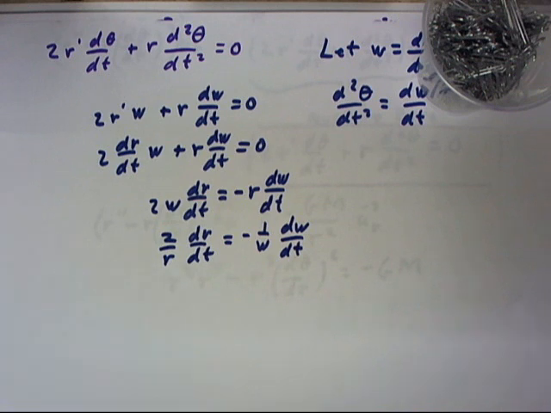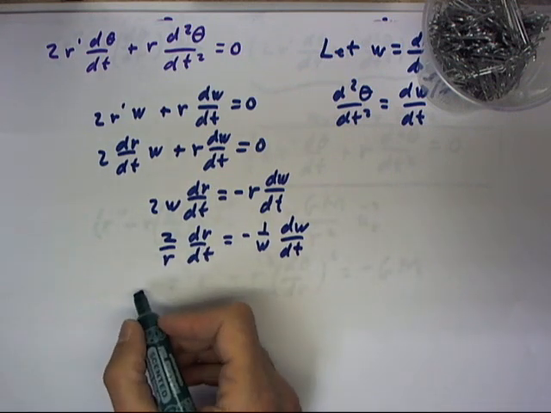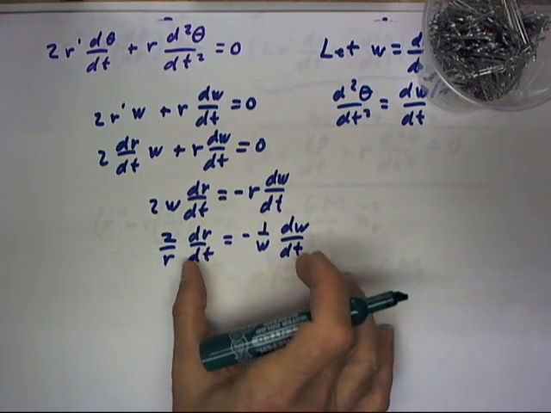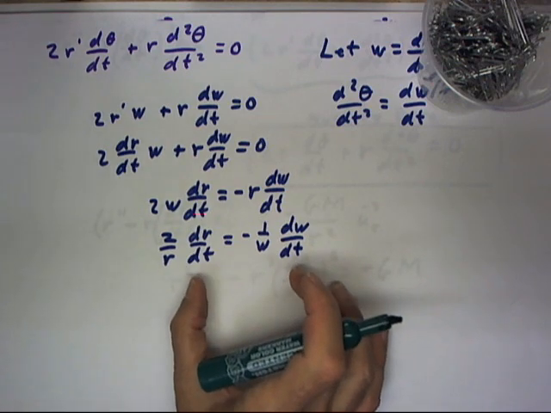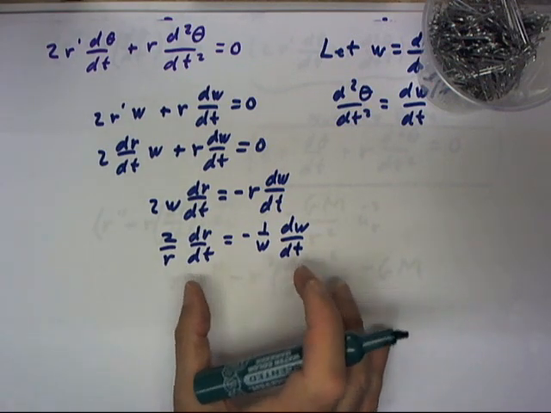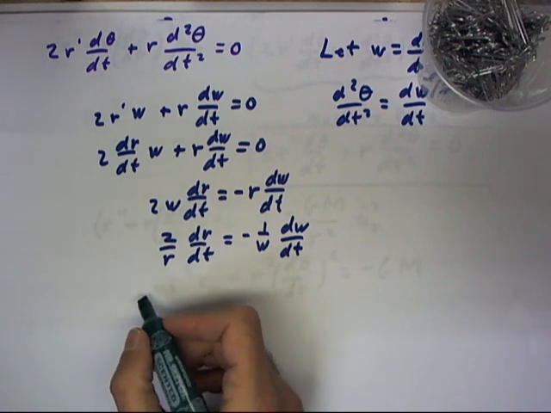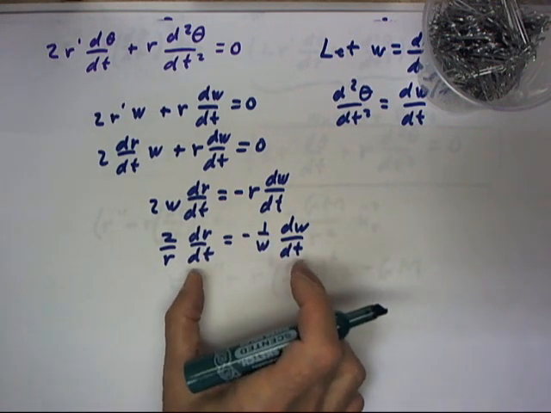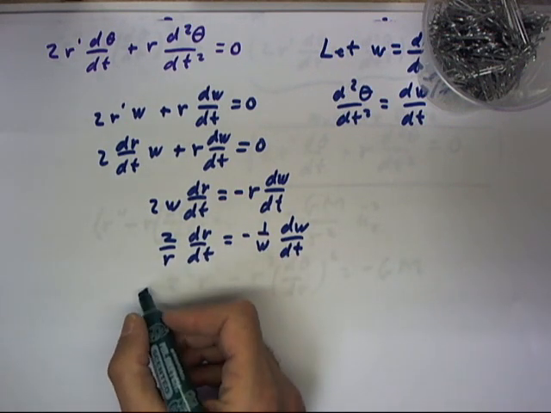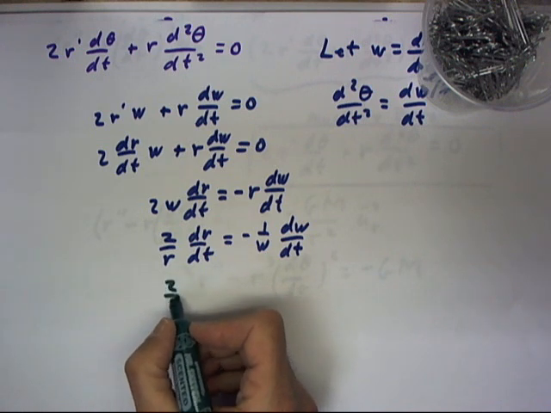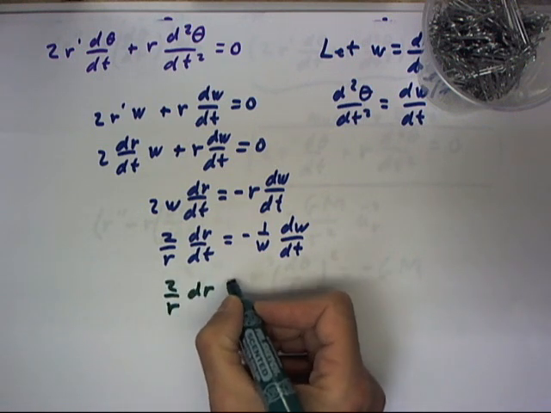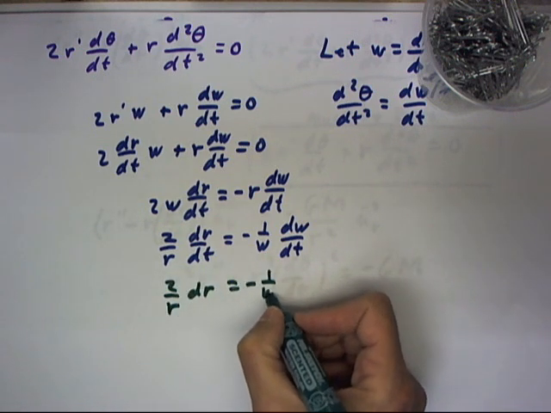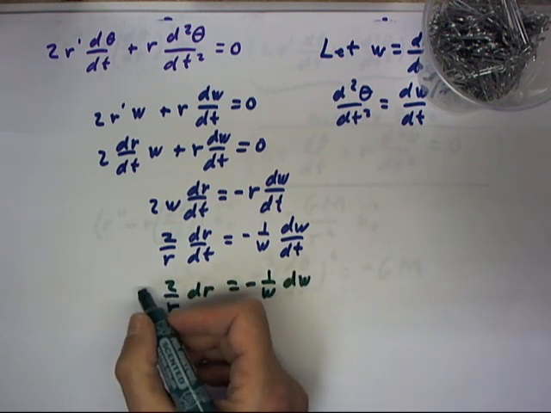Now, we're going to pull a trick that you might or might not have seen. We're just going to integrate both sides of this equation, and I'm going to wave our hands a little bit and say that you've got a dt on both sides, so the dt is going to go away, and we end up with the integral of 2 over r dr equals the integral of negative 1 over w dw.